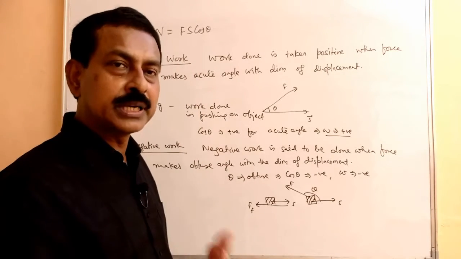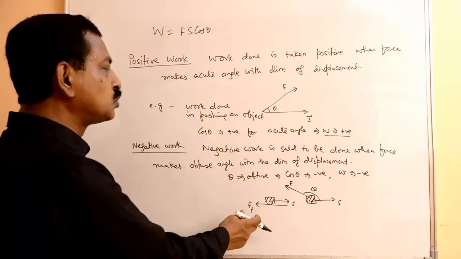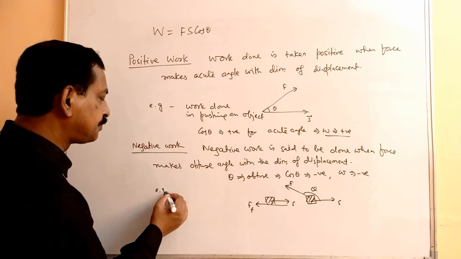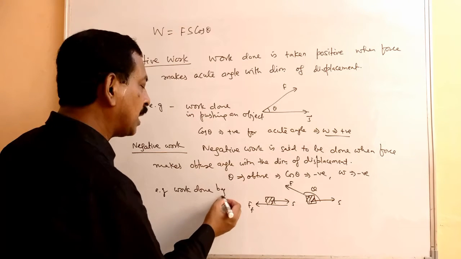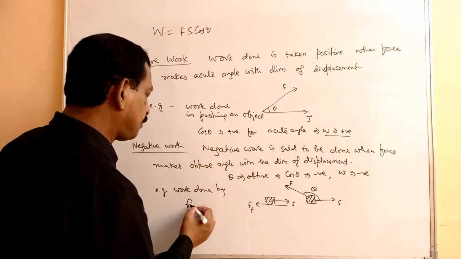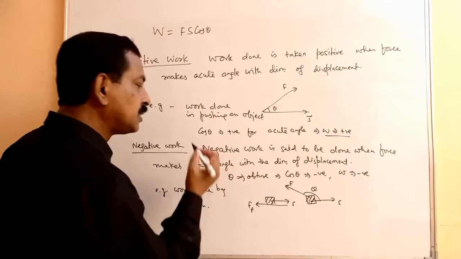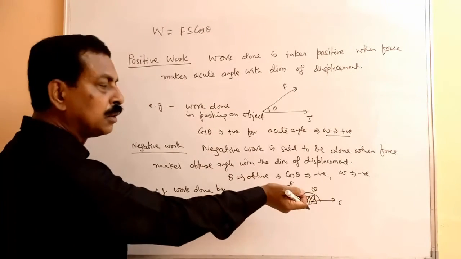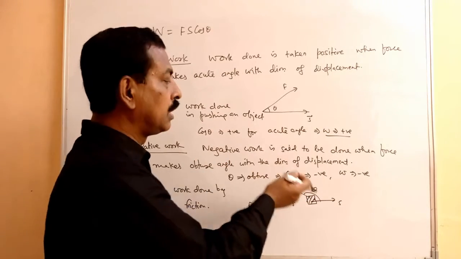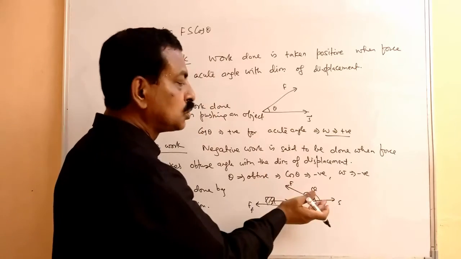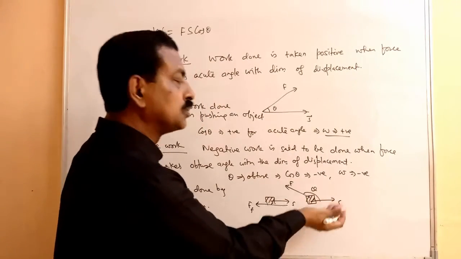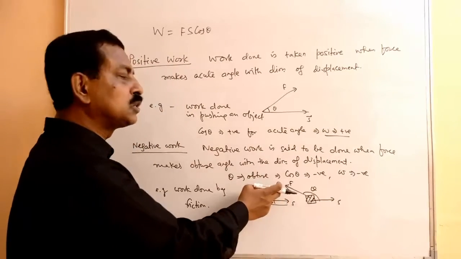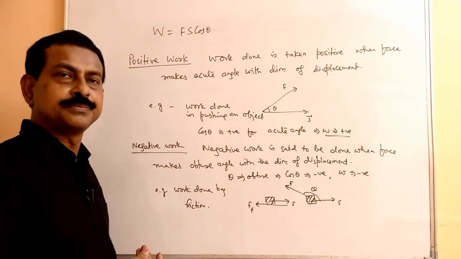So friction will be doing negative work there. Or if you are pulling a body and the body is moving in the opposite direction and this angle is obtuse, then also the work done by this force will be negative.